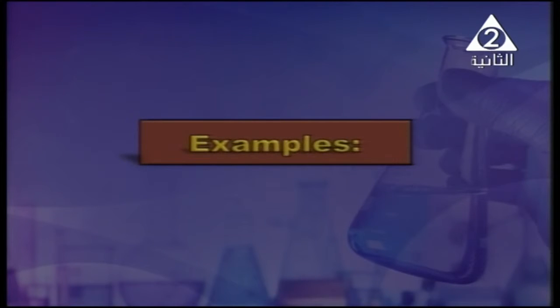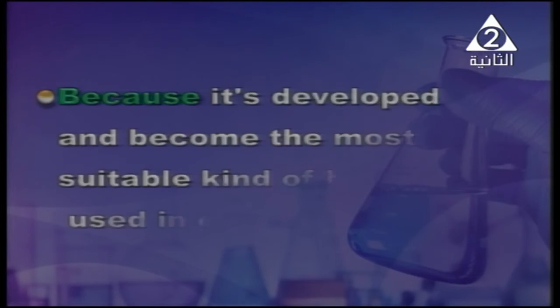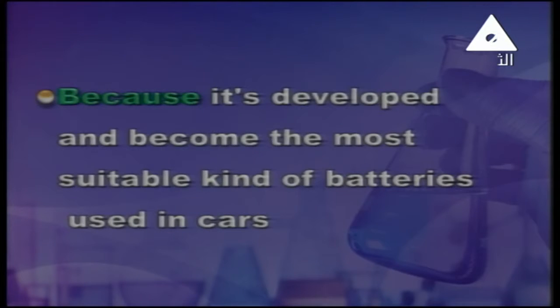For example, what are the examples of the secondary cells? Lead acid battery. It is called the car battery. Why? Because it was developed and became the most suitable kind of battery used in cars.